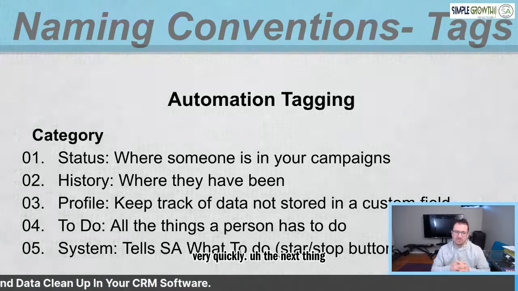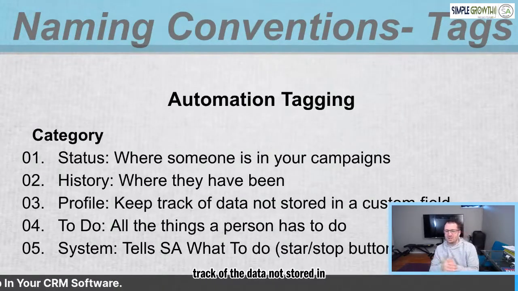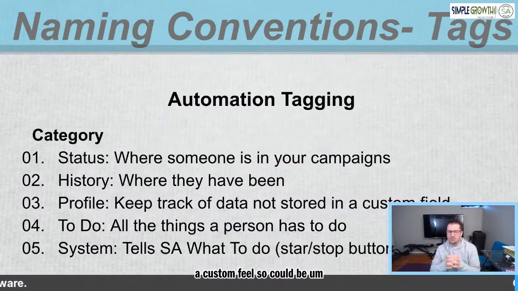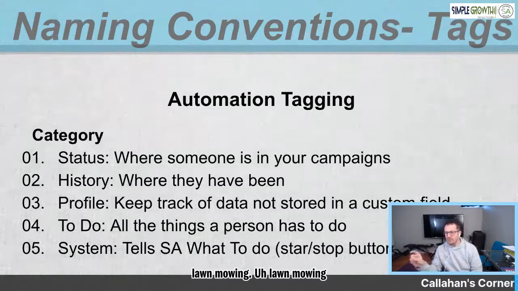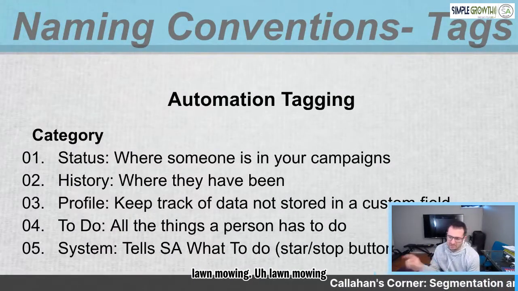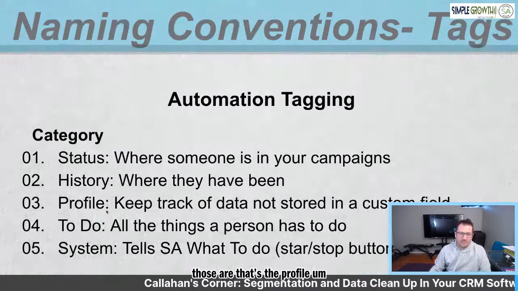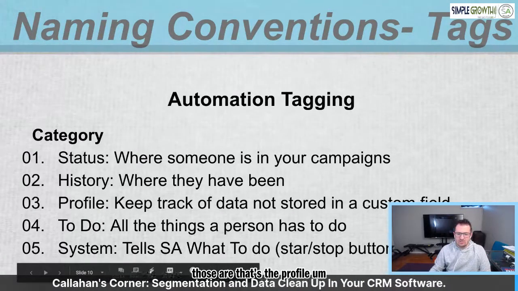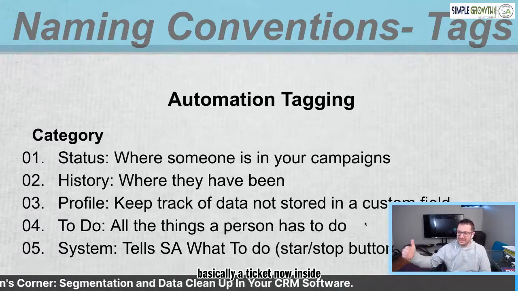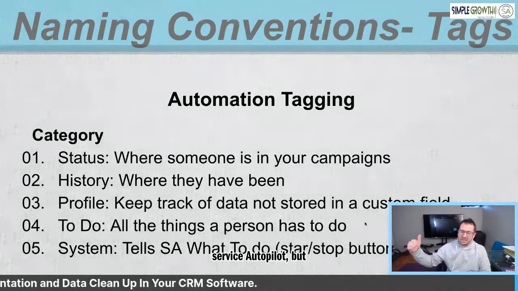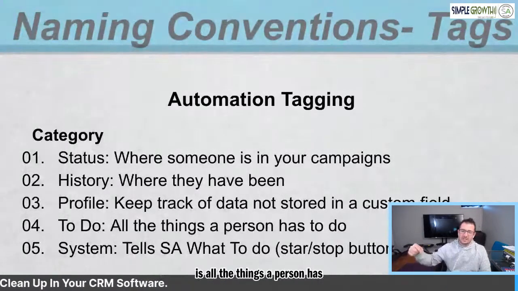The next thing we're looking at is profile. Keeps track of the data not stored in a custom field. So it could be lawn mowing customer, lawn mowing canceled customer, whatever those are. That's the profile. And then a to-do. So this is basically a ticket now inside Service Autopilot, but basically a to-do / ticket is all the things a person has to do in your office.